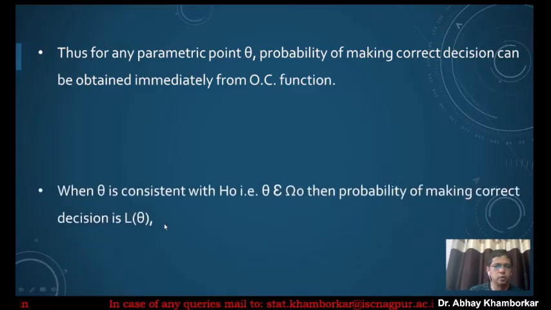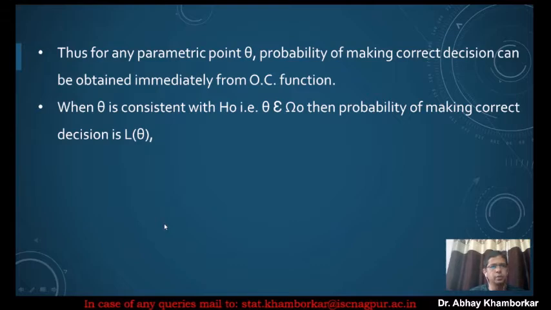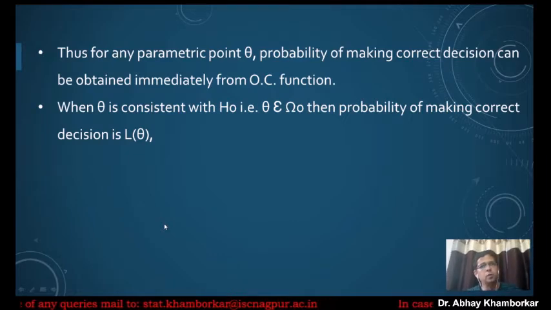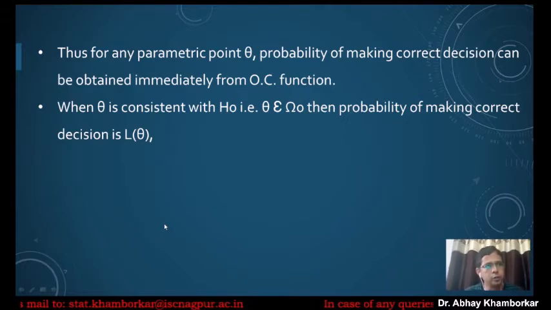Right? So whether either you are accepting the hypothesis or rejecting the hypothesis, OC function will give us the accuracy, or it will tell us how correct that particular decision is, what is the probability of taking that correct decision, that is given by the OC function.